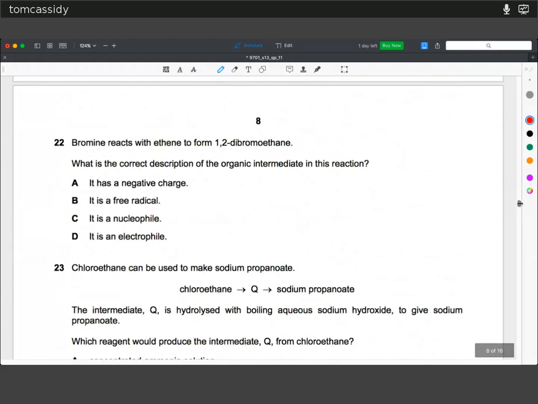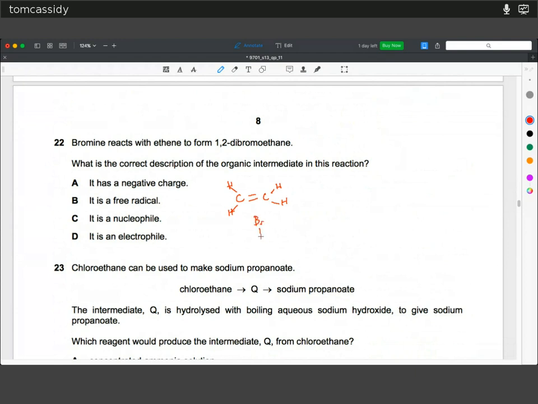Okay, so now they're testing you here on your mechanisms. And this is the one that you see in all the textbooks: you've got ethene, that's one of the starting reactants. And you're looking at the reaction with bromine.